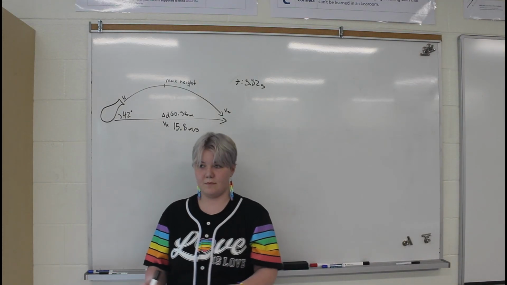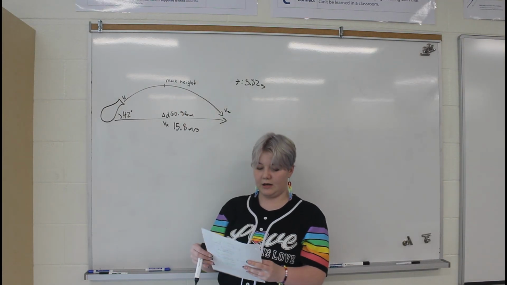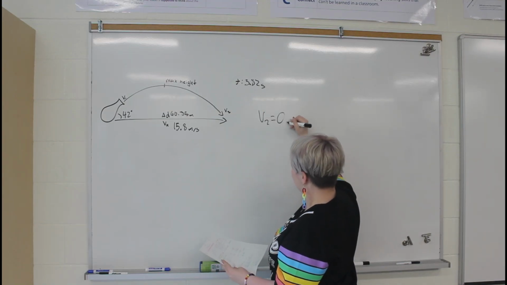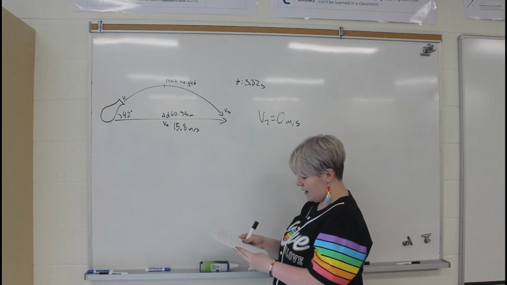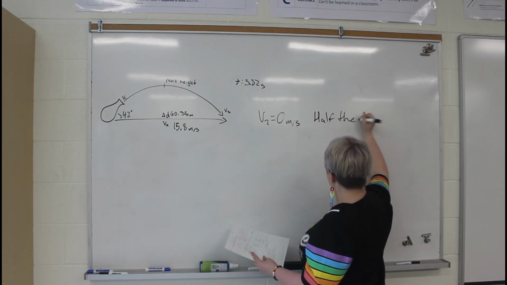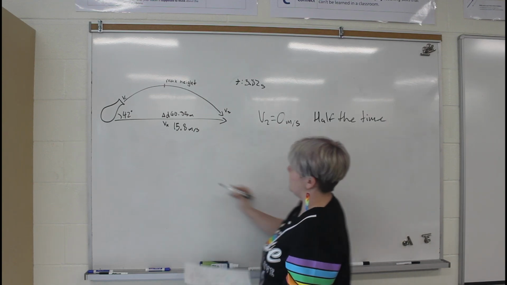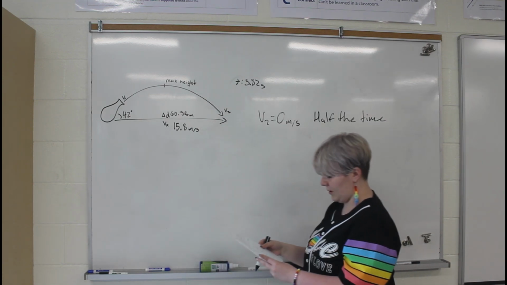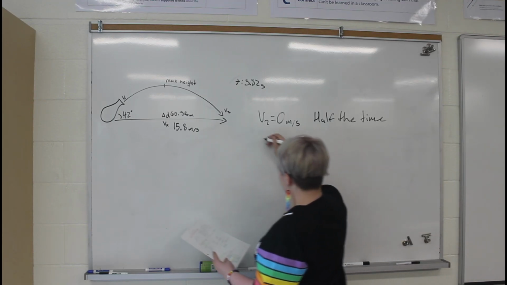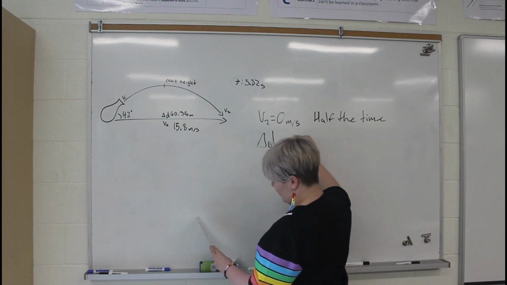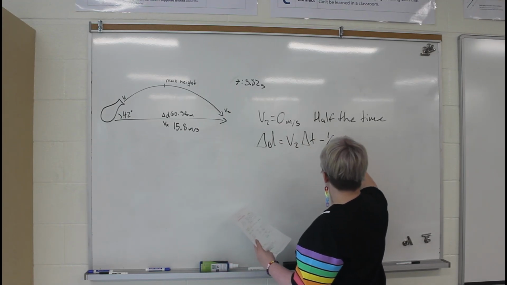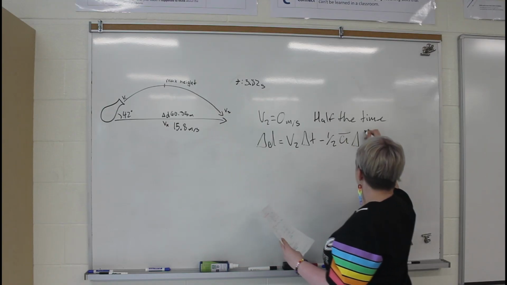Now we're solving for the maximum height of the potato. So when solving for the maximum height, we know the final velocity will equal 0 meters per second, and that it will be half the time, assuming that it goes level, which is what we are assuming. So the equation is delta D equals V2 delta T minus 1/2 A delta T squared.